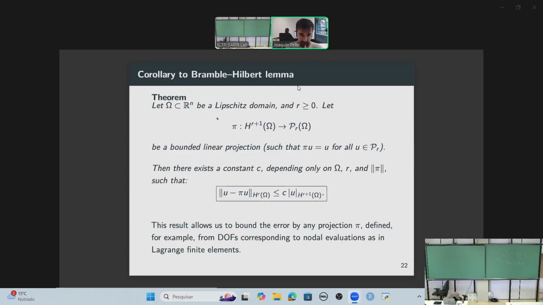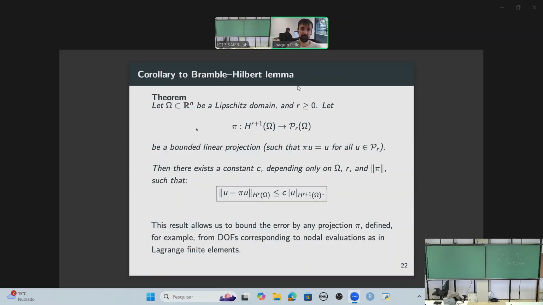This is essentially the only thing that we need for the estimations that we want to do in the second part. So far we did everything in a rather abstract setting, let's say, on some Lipschitz domain, and now we want to use this to make estimations for finite element approximations with respect to a given mesh.